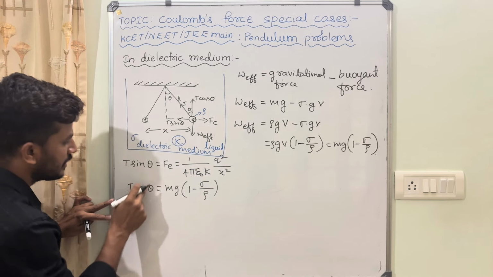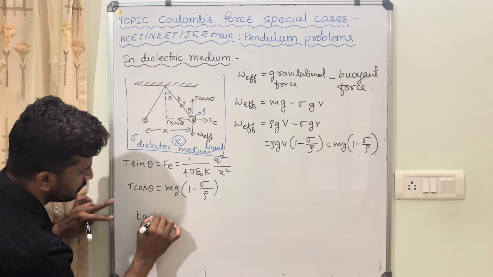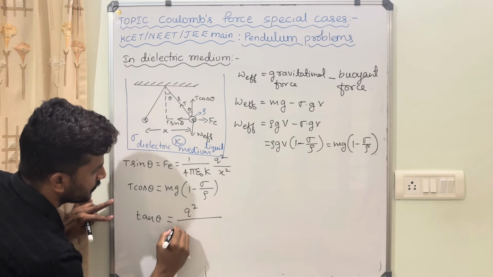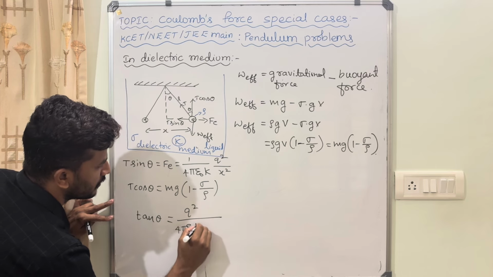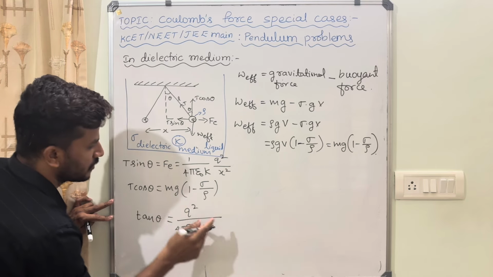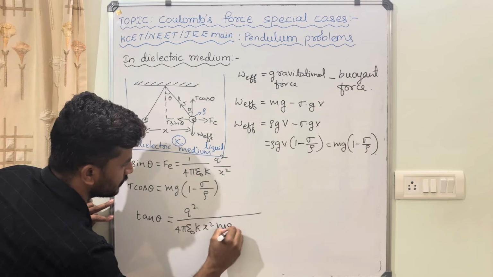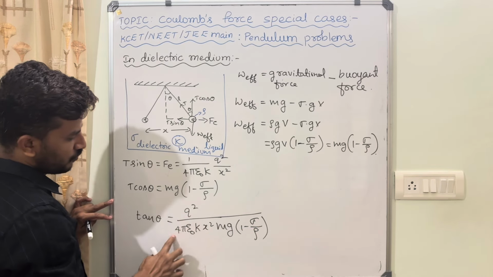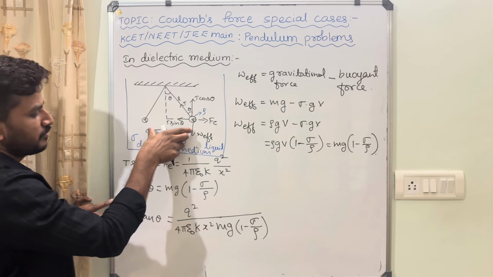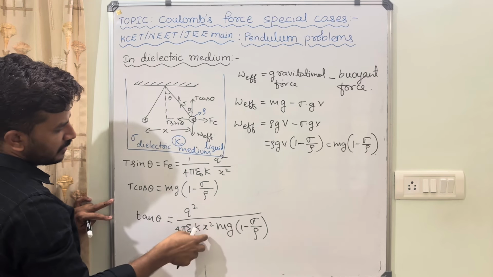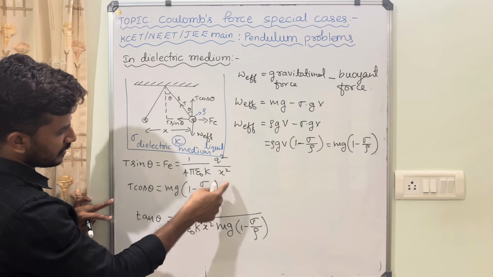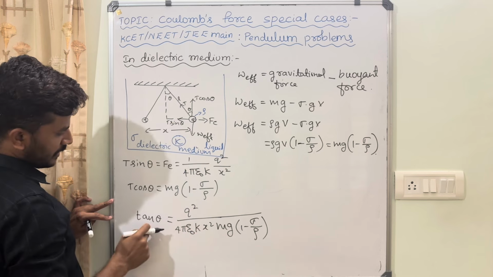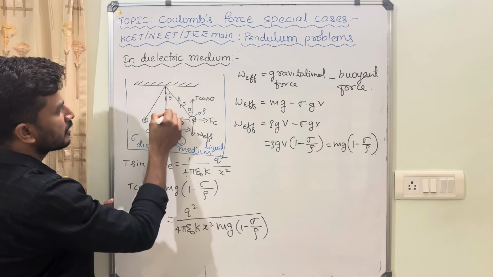Now sin theta by cos theta is tan theta, which is Q square divided by 4 pi epsilon naught K x square, divided by mg into 1 minus sigma by rho. Q is the charge, and you can calculate the x value here. For small angles, take x by 2. Let us take sin theta in this triangle.